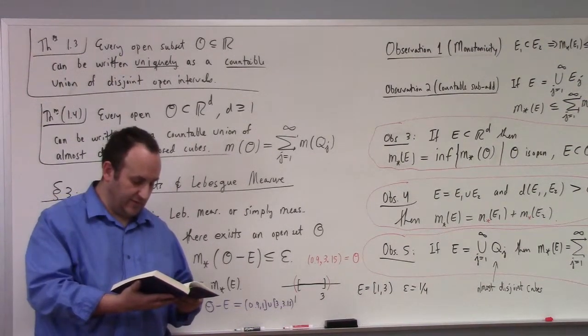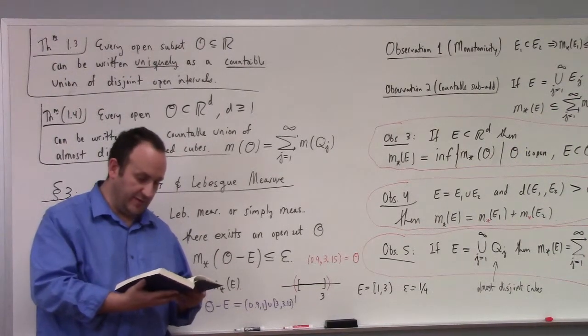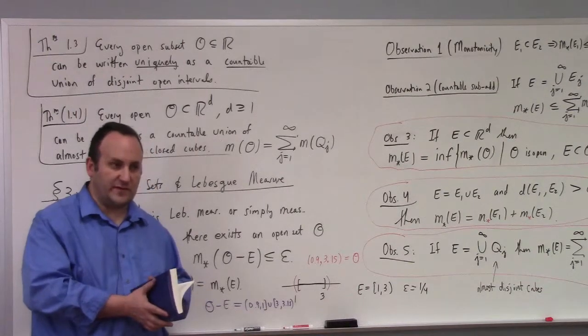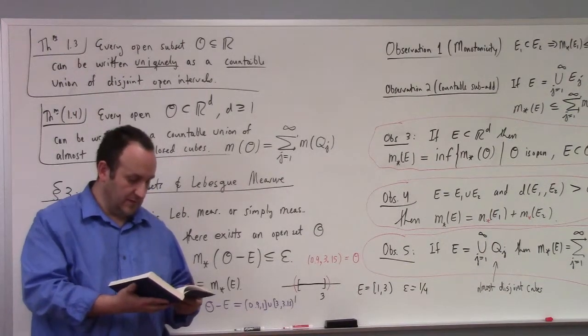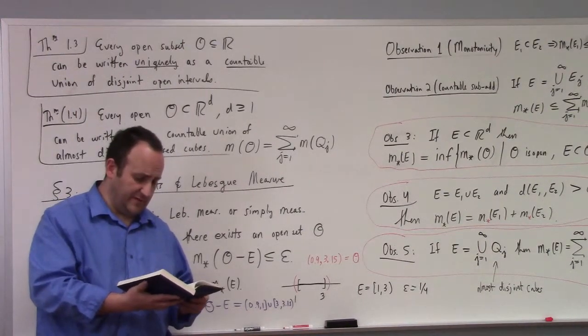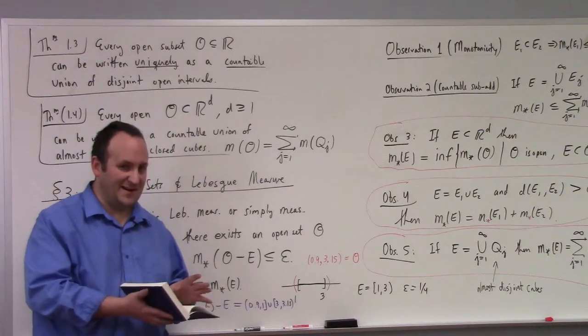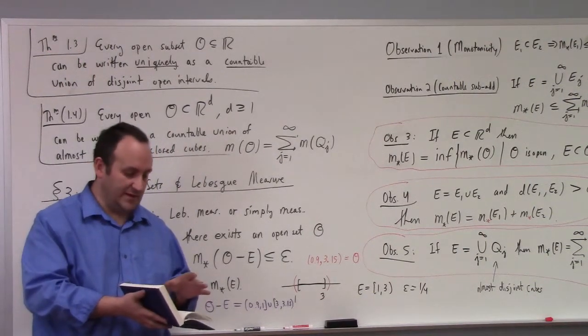And then at the very end of this section, he talks about the invariance properties of Lebesgue measure, and we'll talk a little bit about the sigma algebras and the Borel sets in this context. And then on pages 24 to 25, which I will probably not cover, he constructs a non-measurable set.